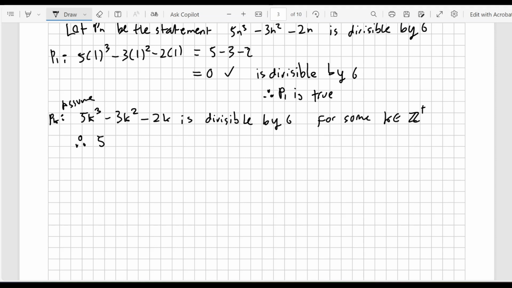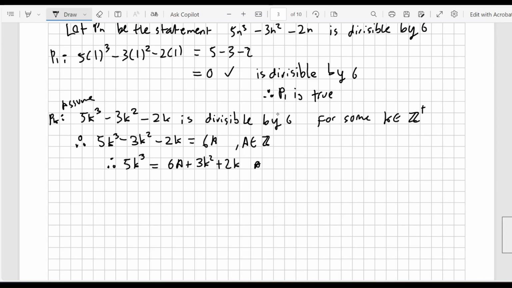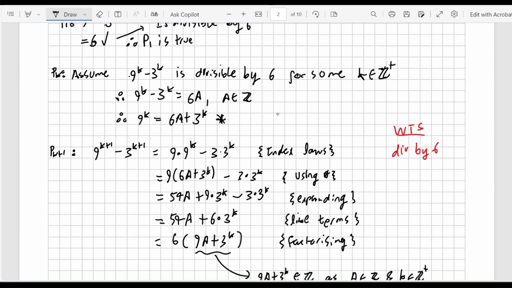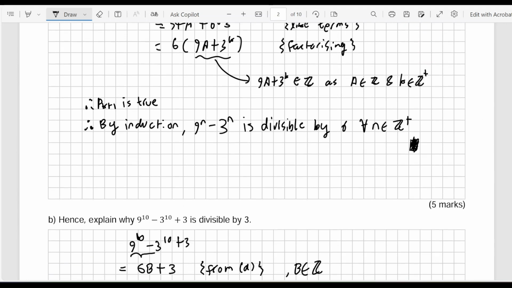Therefore, we've learned that 5k cubed take 3k squared take 2k is 6 times some number a, and that a must be a whole number. That sort of means to be divisible by 6. Therefore, if we rearrange it, 5k cubed equals 6a plus 3k squared plus 2k. That is the thing that I'm going to label as star. Now, I've also noticed I hadn't labeled star in the previous question, so that's very important.